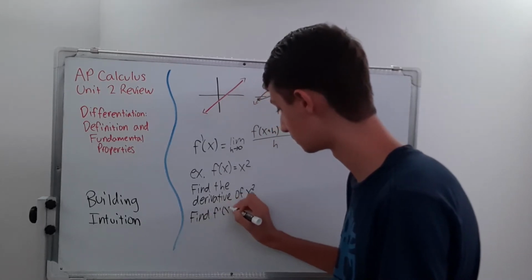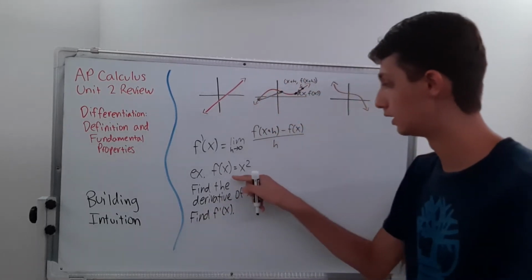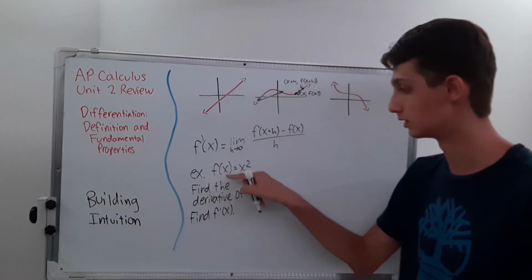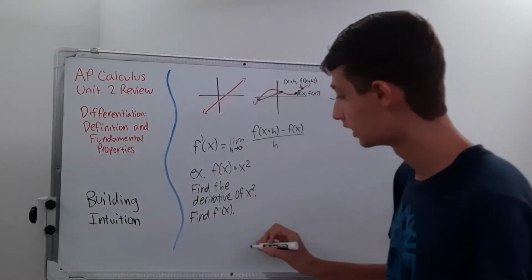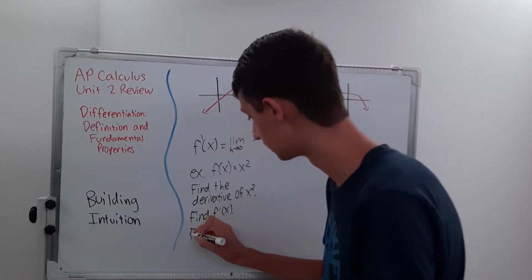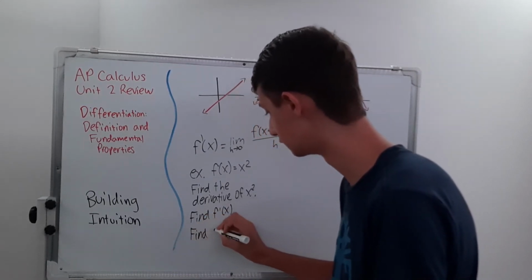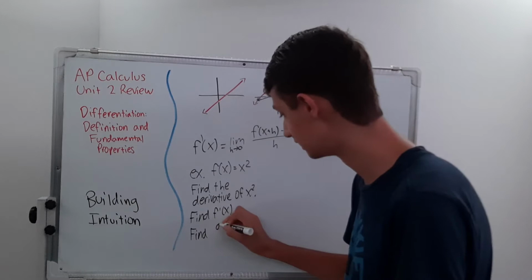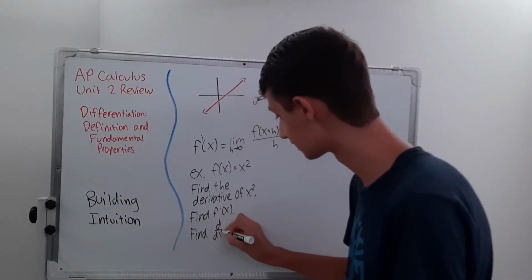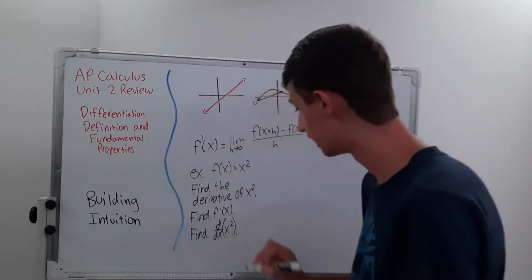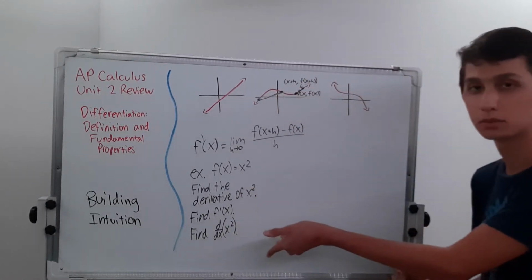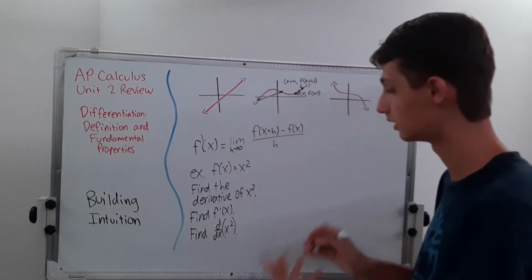So if f of x is x squared, find f prime of x. Or they could say find, and I'm going to use some more notation here, d divided by dx of x squared, and I'm going to put this in parentheses, and boom. So these are three different ways of asking the same question, and they're all asking the same thing.